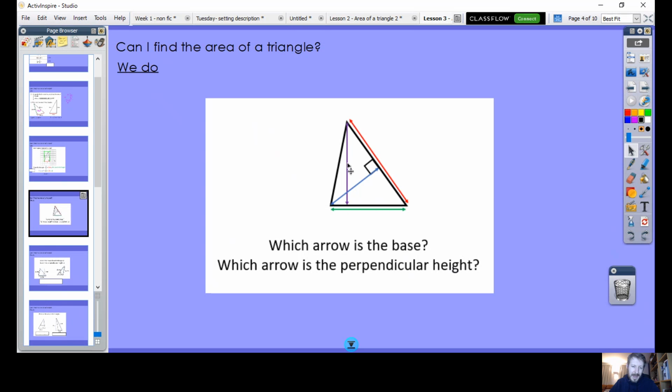And as long as that's going at a perpendicular line, then that's absolutely fine. But we've got the base here, and we know that the height is a right angle from that line there up to there, because we've got the symbol here which shows it as a right angle. So we'll say this is the base, and then the perpendicular height is this blue line here, going up from the base to the top of the triangle at a right angle.